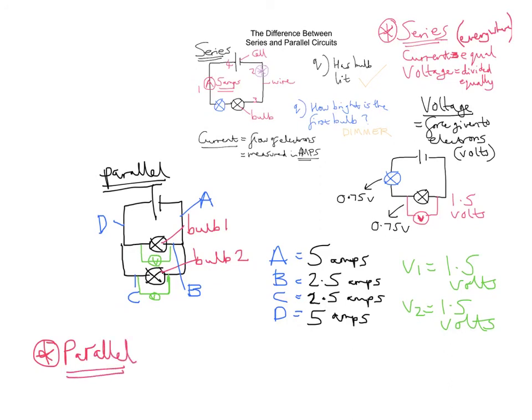So in parallel, what you find is that the current splits equally across each component. And by component, I mean a bulb in this example.